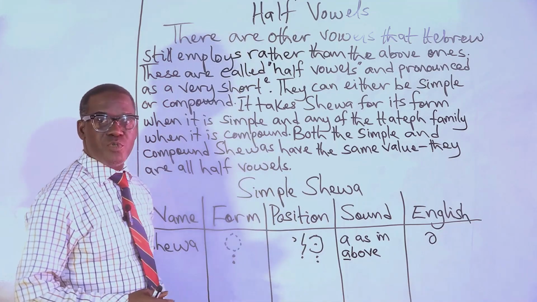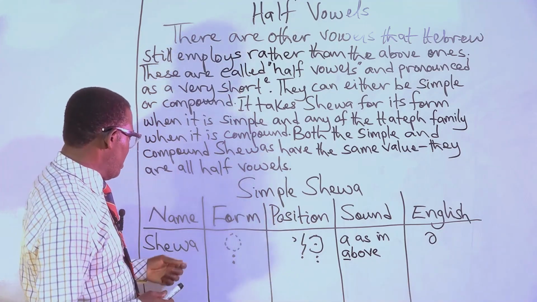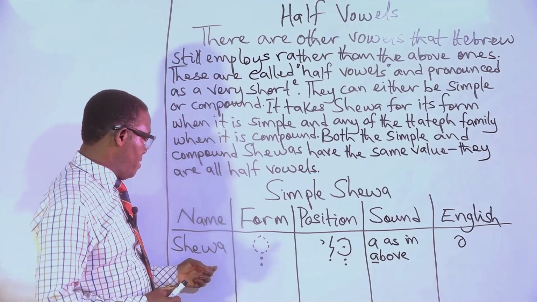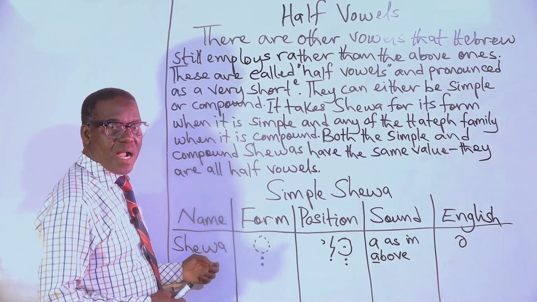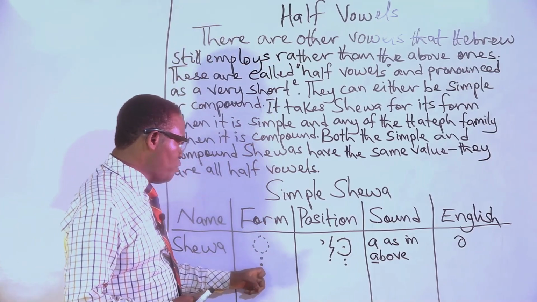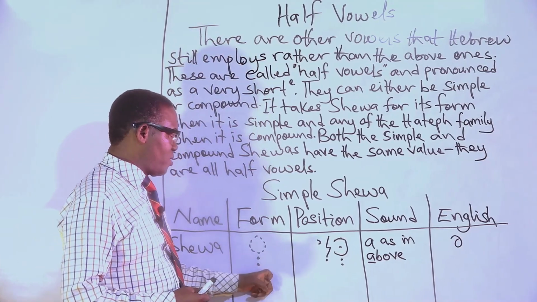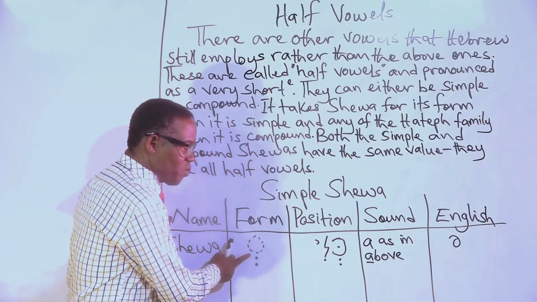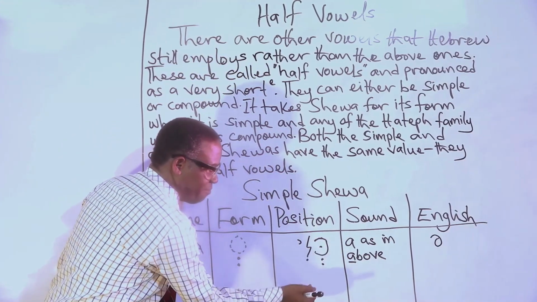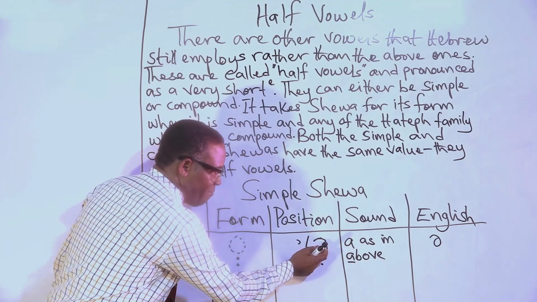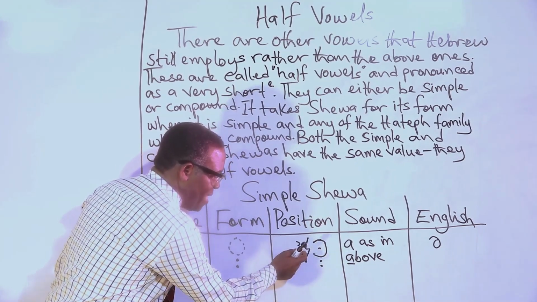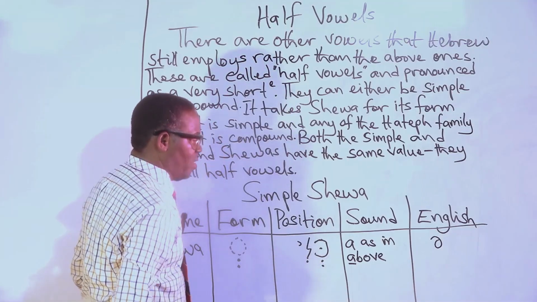We look at the simple shewa first. The simple shewa is the one we have here. It is called shewa. The form is just two vertical dots below the consonant, as it appears here below kaf. In this word we have kaf, we have shewa, we have lamed, and we have erect yod.